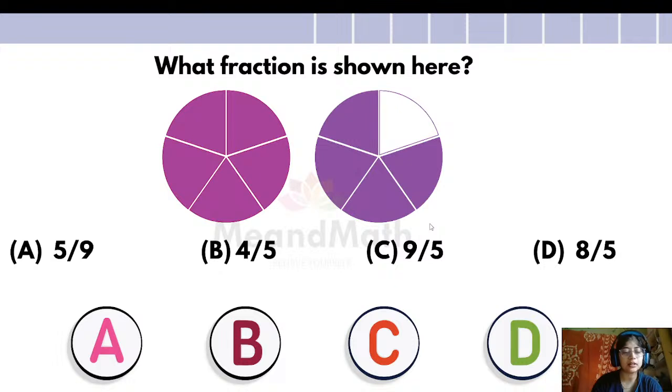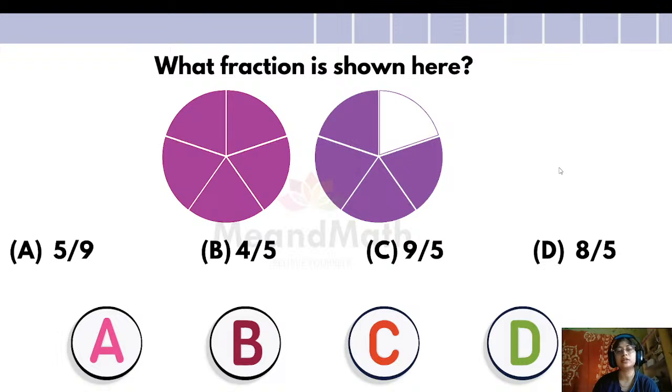Others, quickly type your answers. Supriya says B. Okay. Sriharini says C. So it's like between B and C. Okay. So you have to look at both the circles. There are two circles. So you have to look at both the circles and then you have to decide what is the fraction.